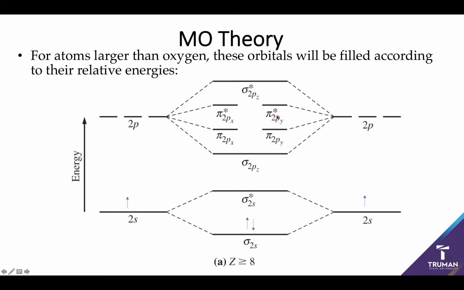And with the sigma p orbitals, one goes down, the other one equally goes up. And in general, as we saw, there's a lot of good overlap when I make that bonding orbital, which means there's a lot of bad overlap in the anti-bonding orbital. So my highest energy orbital is going to be the sigma anti-bonding, and my lowest of the p mixing is going to be that sigma bonding. And the pi orbitals more or less end up in between.